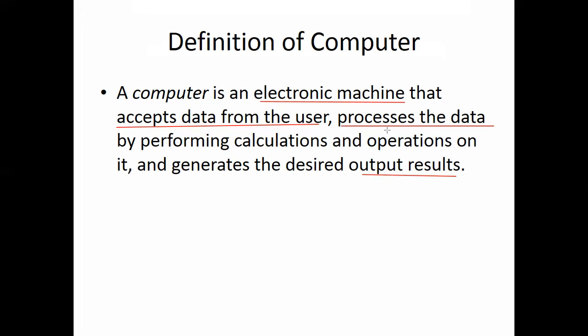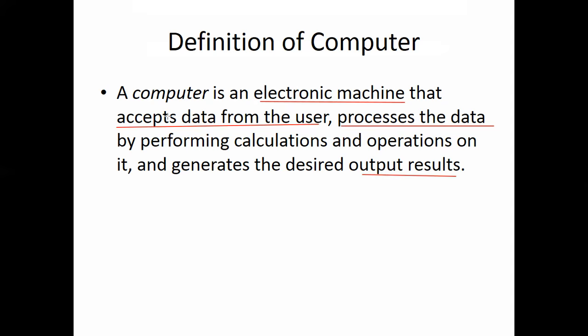Now, this electric energy could be in the form of a battery. Some of these computing devices use solar energy, but that solar energy is converted into electric energy before it can be used. Then the second thing: for something to qualify to be a computer, it should have a provision for accepting inputs from the users.